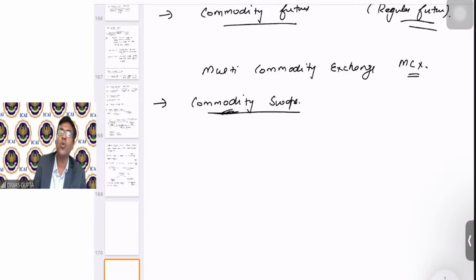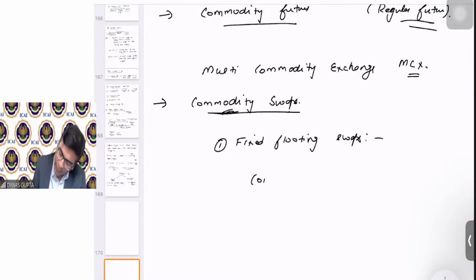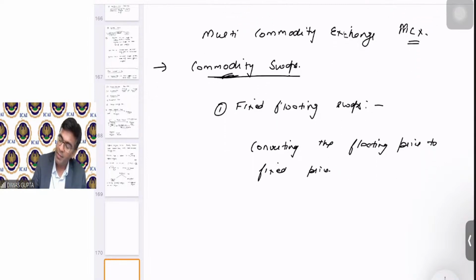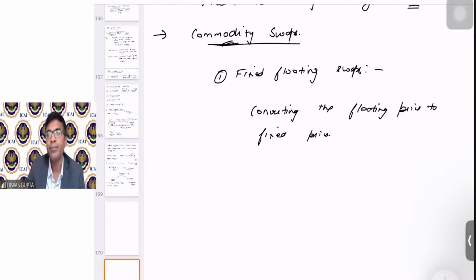So while entering into commodity swaps, we are doing fixed-floating swaps. Let's say we are converting the floating price to a fixed price. Whatever is the price floating in the market for cotton, we fix it to, let's say, 100 rupees.